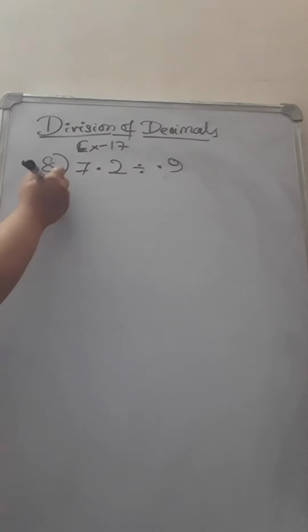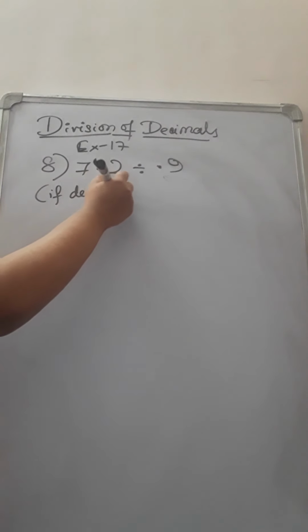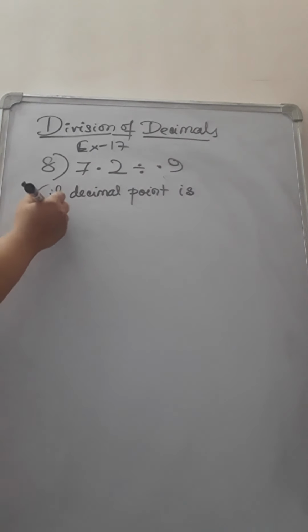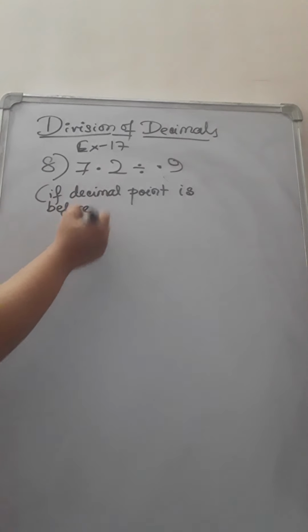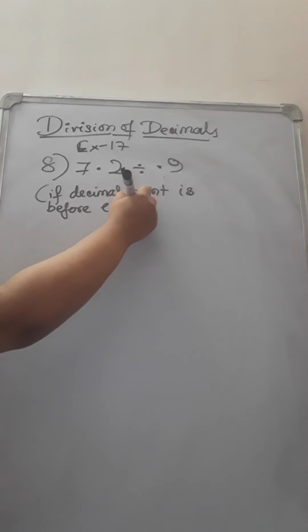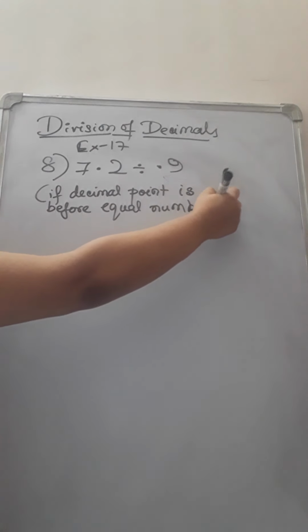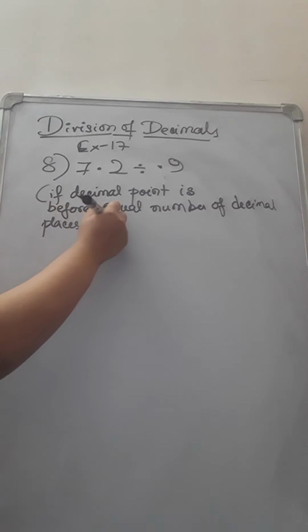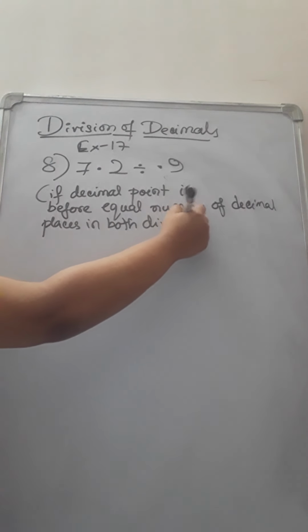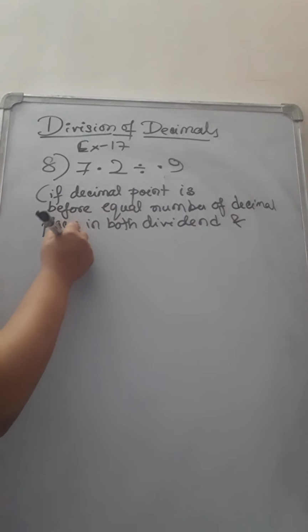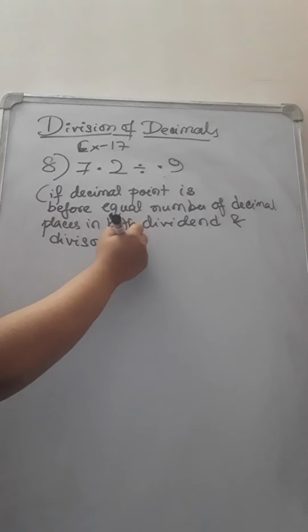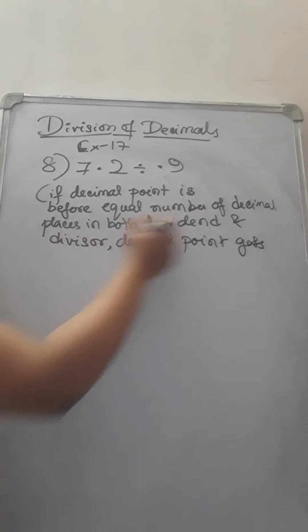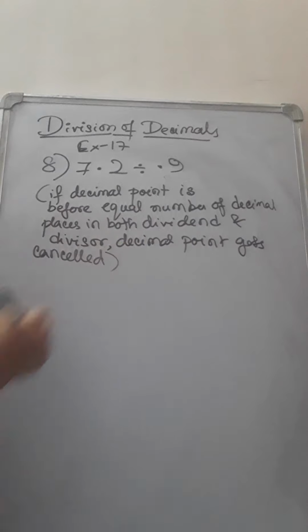So there is one rule: if the decimal point is before an equal number of decimal places in both dividend and divisor, the decimal point gets cancelled. So this is a new rule.